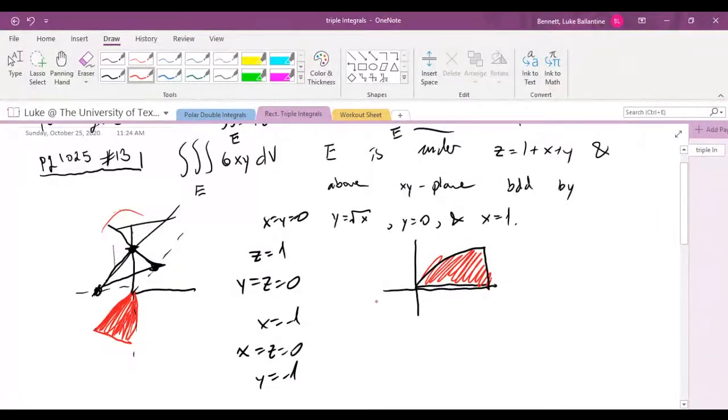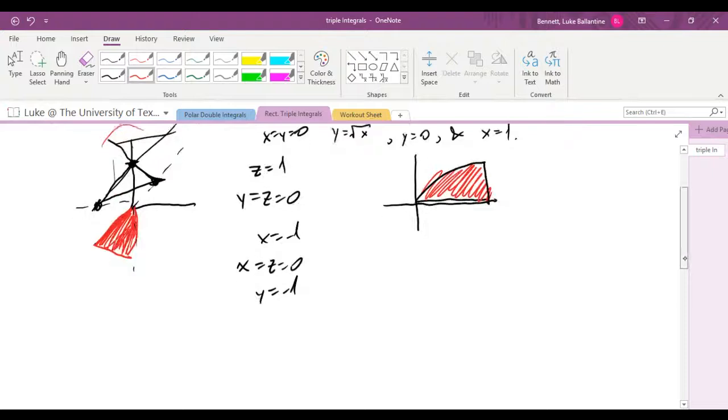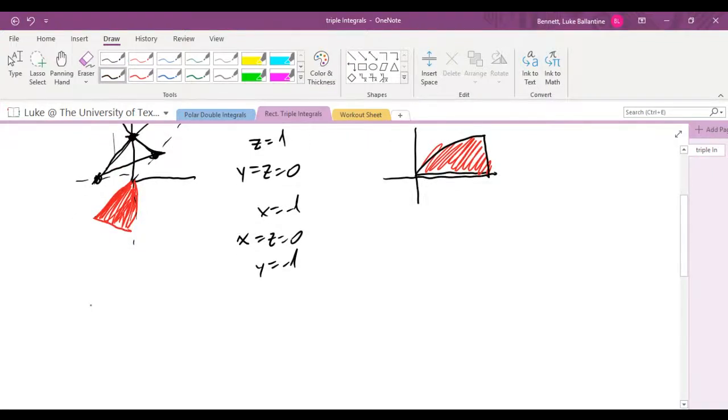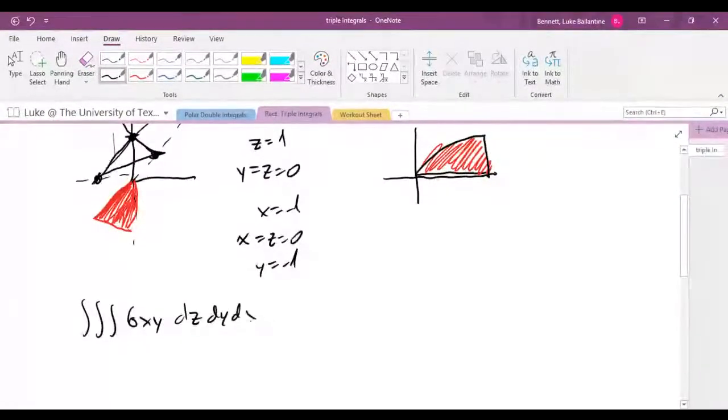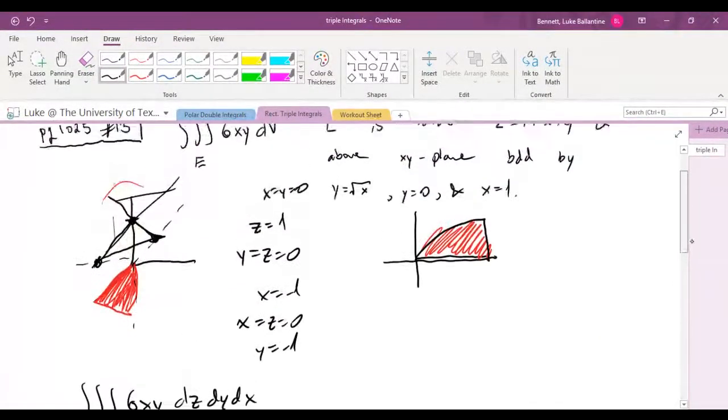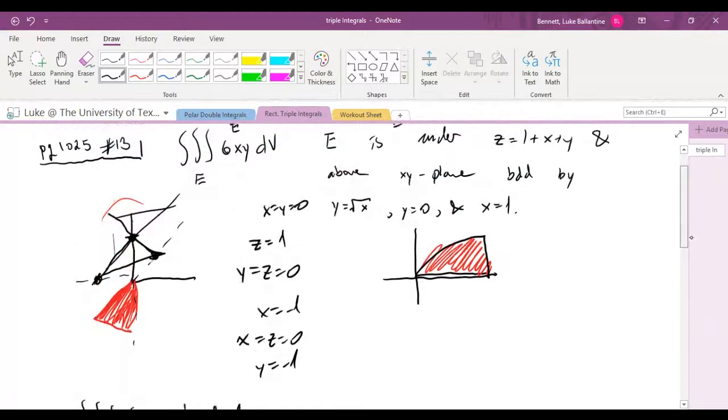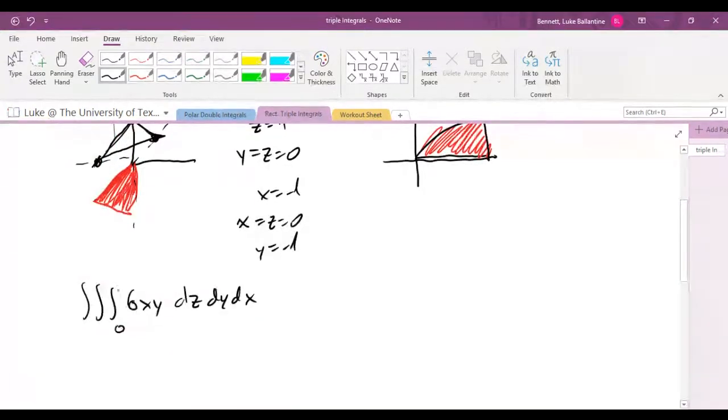Okay. So what do we get? We get the triple integral over E of 6xy, and let's do dz dy dx. So z ranges between 0 and the plane, 0 to 1 plus x plus y.